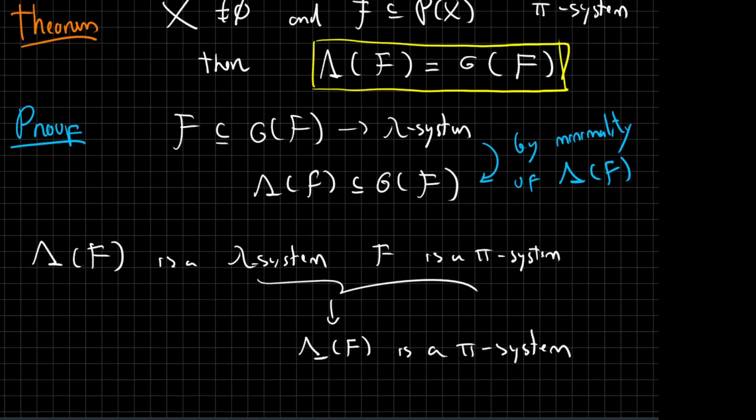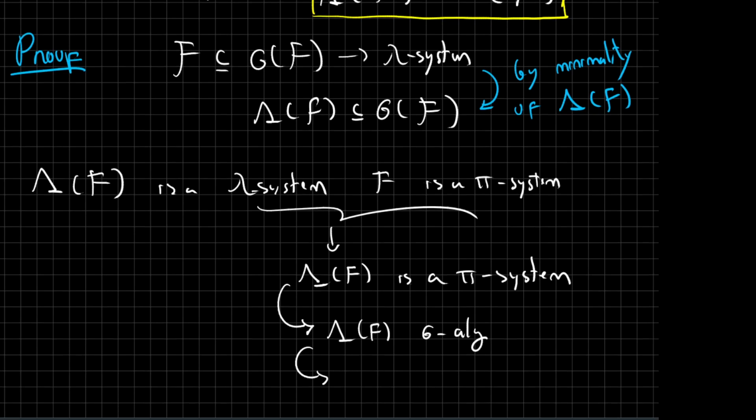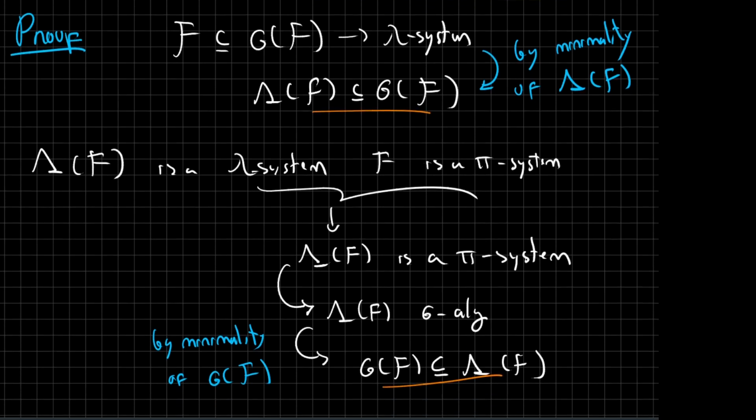Then the proposition that we proved in the first part of the lecture will guarantee that since this is a lambda system that is also a pi system, then this is a sigma algebra, and this will imply by minimality of the generated sigma algebra that this generated is inside this generated lambda system. And this will conclude the proof because it is inclusion in both senses.